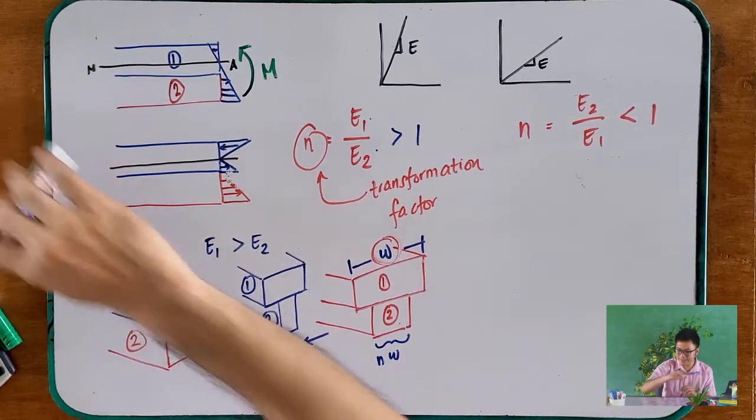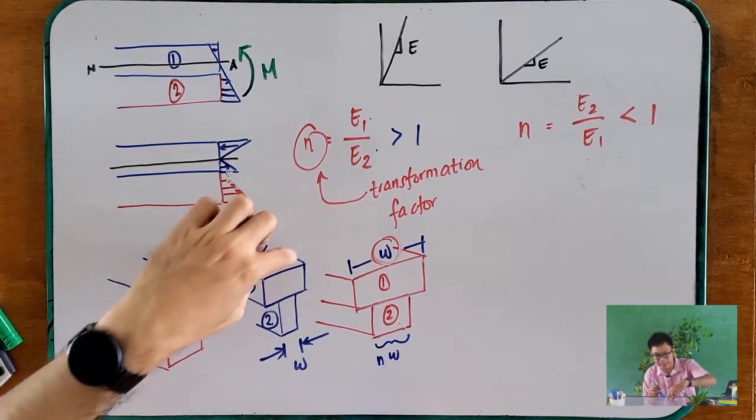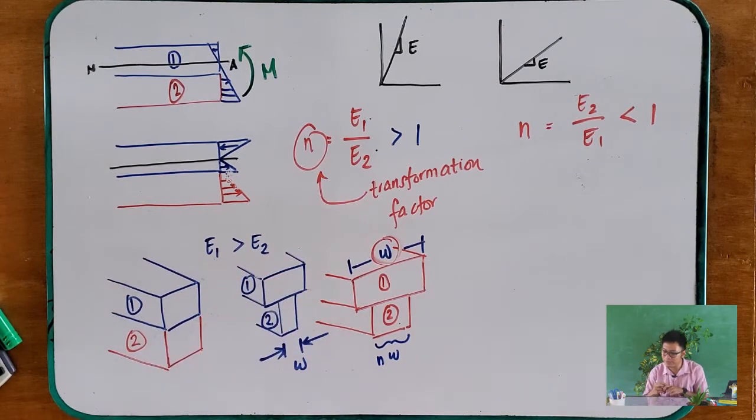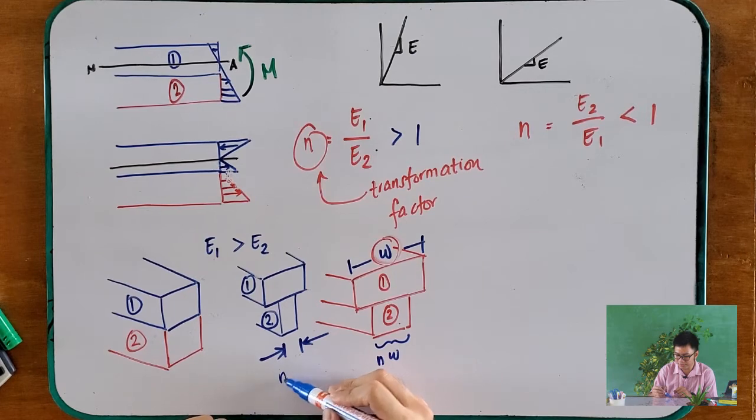So in this case, if W is your initial width and you multiply it by n, then its width becomes smaller. Okay? It is still n times W. And once you know the new widths we will use for the transformation, then you can now apply the flexure formula since the material now is already homogeneous.